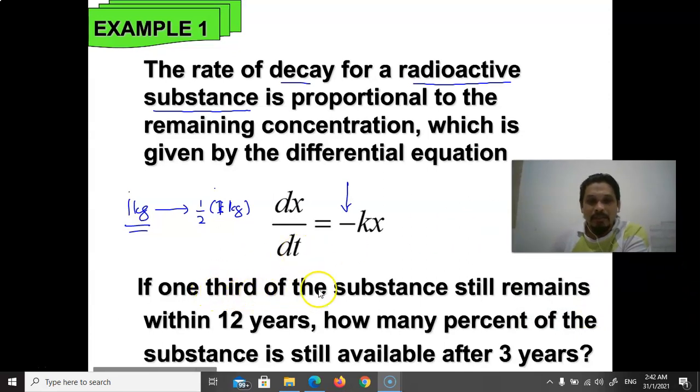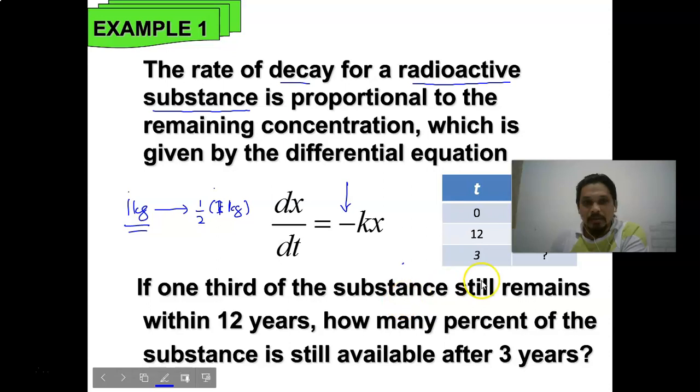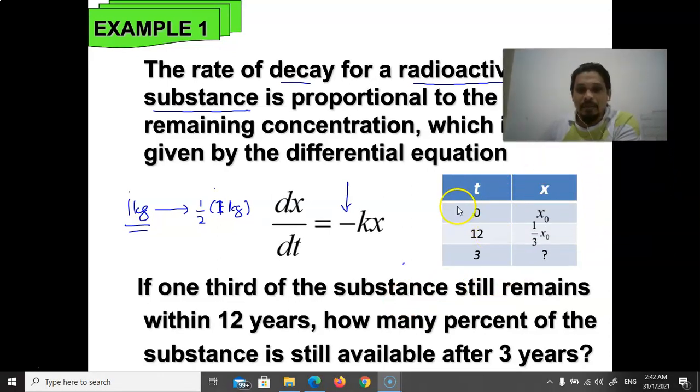If 1/3 of the substance still remains within 12 years, how many percent of the substance is still available after 3 years? Okay. So t equals 0 is not times 0, but just imagine that this is one of the experiments that you held in the laboratory.